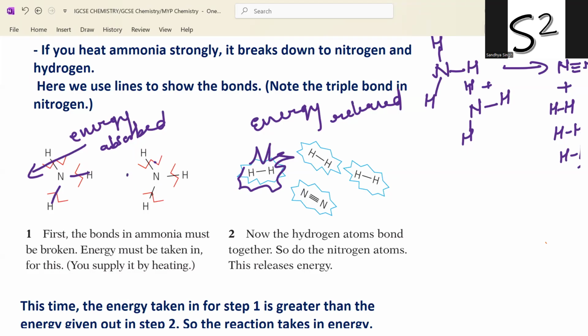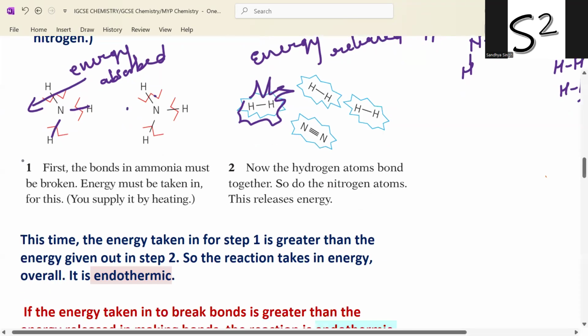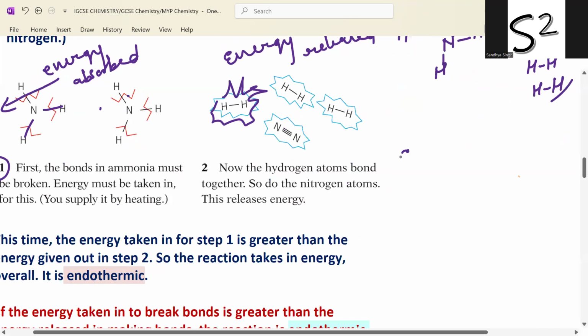For this, we need to heat it. And here the hydrogen atoms bond together, and similarly the nitrogen atoms also. It releases energy. But here, the energy taken in for step 1 is greater than the energy given out in step 2.